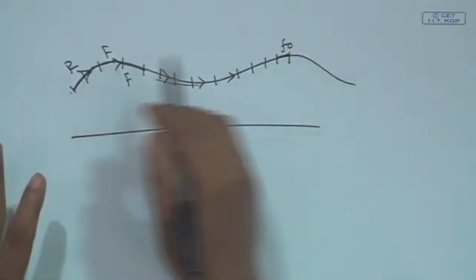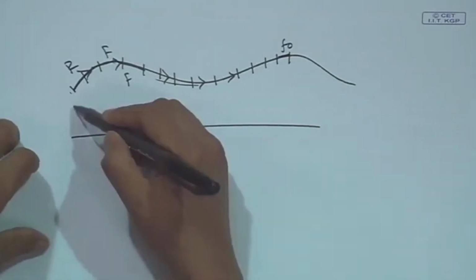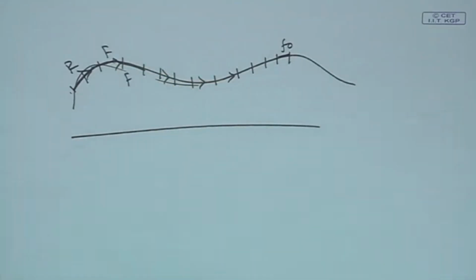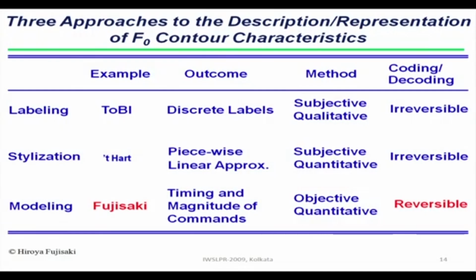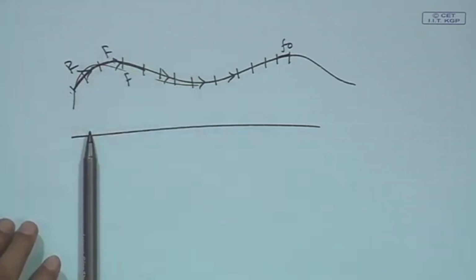Or I can generate a mathematical model by which, changing the parameters, I can generate this contour, which is called the Fujisaki command response model, which we will discuss in detail. So, whole sentence F0 can be modeled using three approaches: ToBI, stylization, and modeling. ToBI is nothing but assigning some label on F0, it may be syllable-wise.